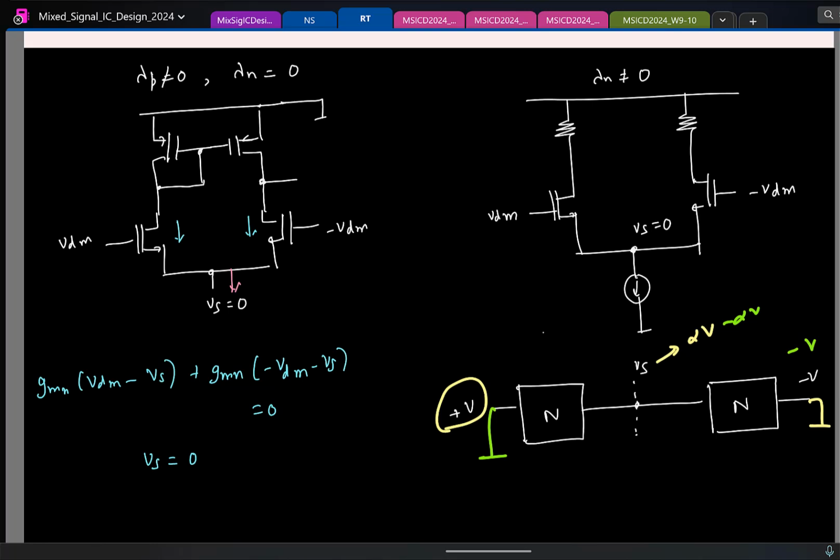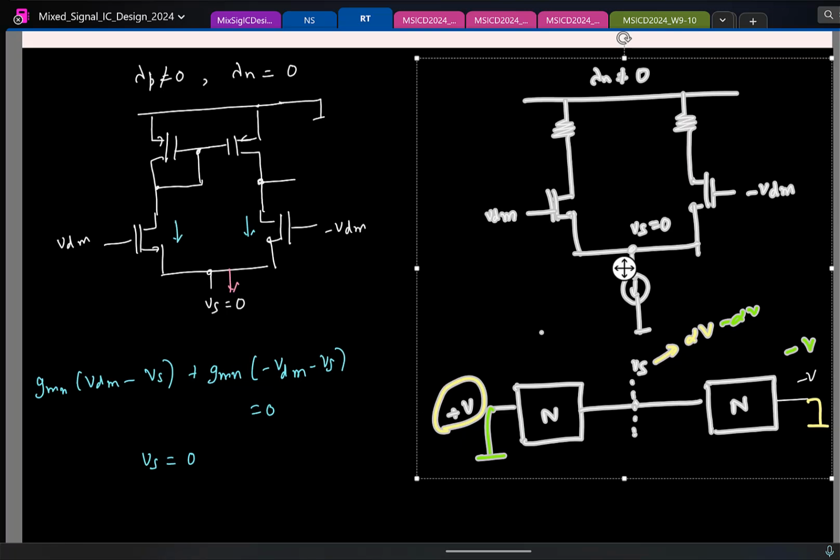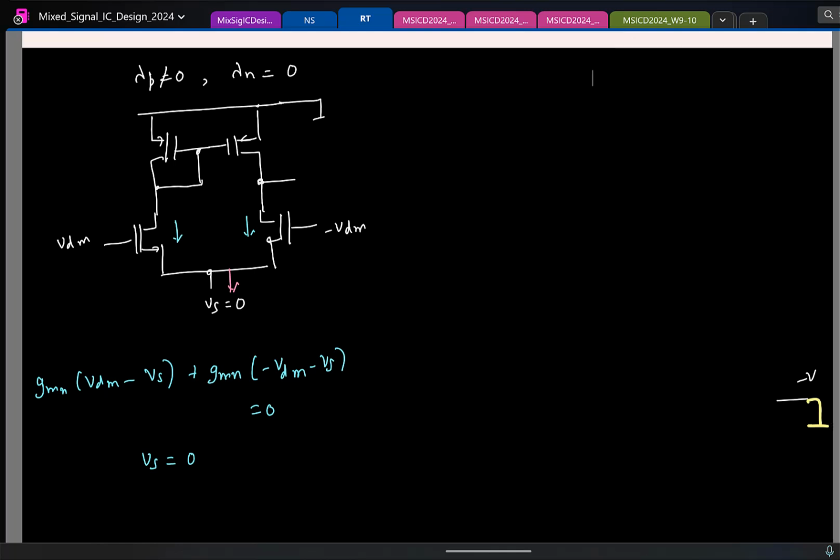Right? We can also do it this way. So let us say I quickly draw the small signal model for this. Let's use this color. This is the voltage controlled current source for the left transistor, and for the right transistor this is the same.